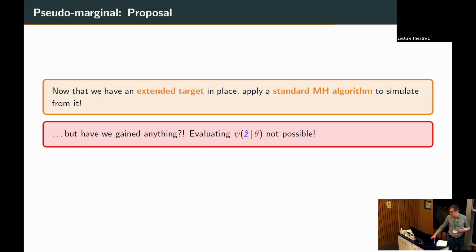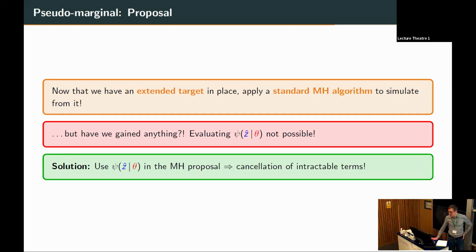But in order to circumvent this issue, we'll make use of the freedom in constructing the proposal so that we get the cancellation of these intractable terms. So we will use this psi also as part of the proposal distribution. In the Metropolis Hastings acceptance probability, you have this ratio between target and proposal.